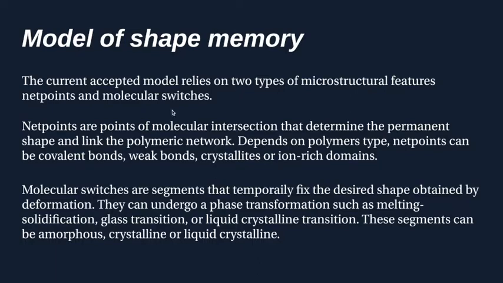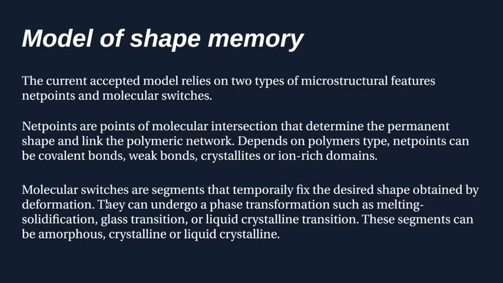In the model of shape memory in polymers, we have the net points. It is the intersection that determines the permanent shape and links the polymer network, and it depends on the polymer type. The net points can be bonds: covalent, weak van der Waals, hydrogen bonds, crystallites, or ion-rich domains.